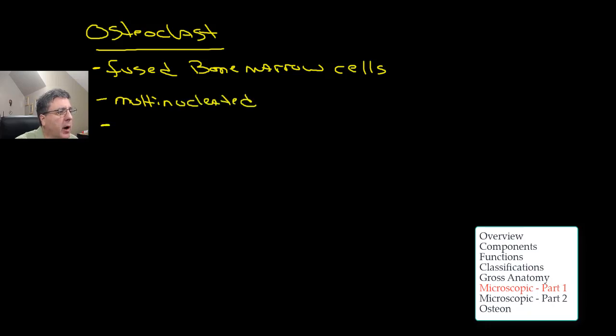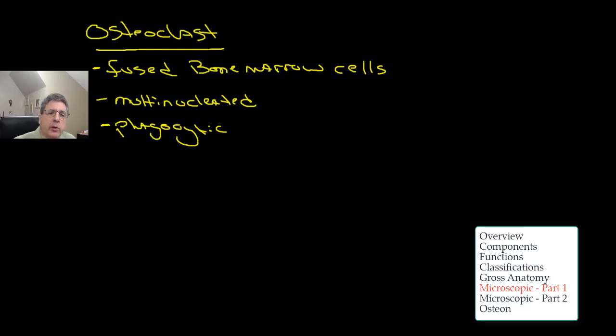Okay, these are phagocytic. Now phagocytic, let's back up. The fused bone marrow cells are going to be similar to the monocytes.